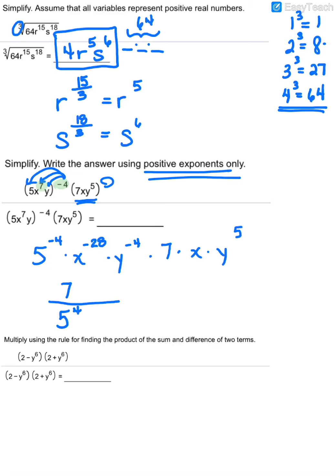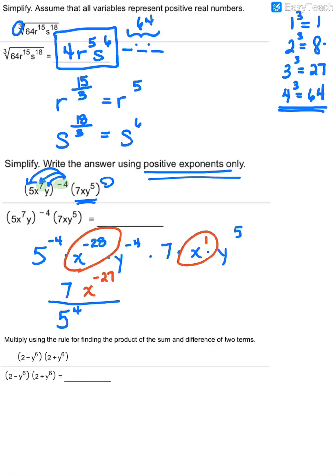Then with our x's, when we have an x to the negative 28th multiplied by what's understood to be x to the 1st, you actually add powers in this case. So x to the negative 28th times x to the 1st would leave me with an x to the negative 27th, because negative 28 plus 1 is negative 27.